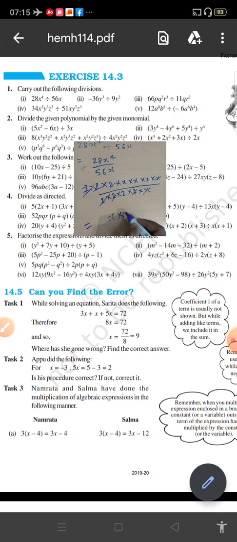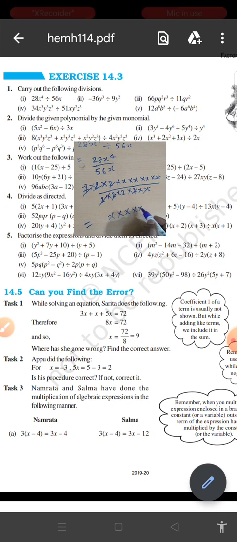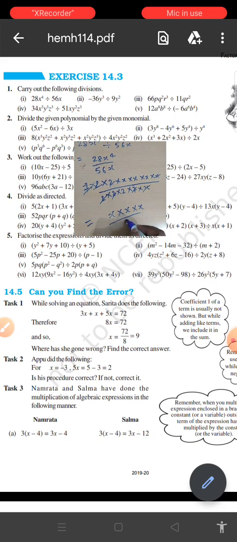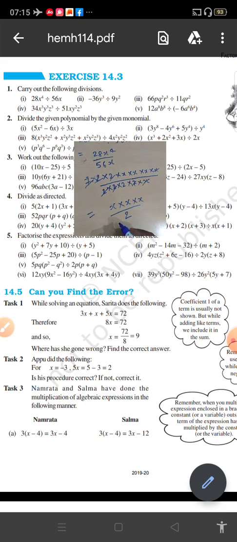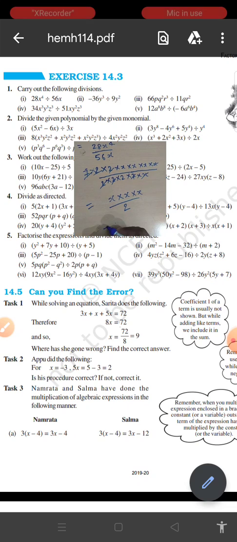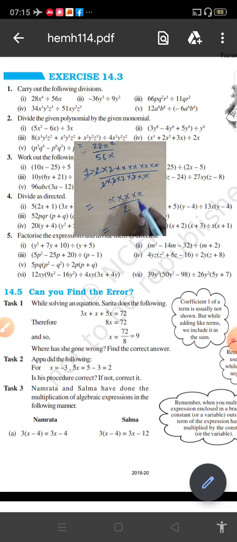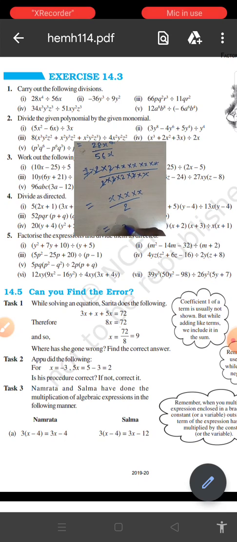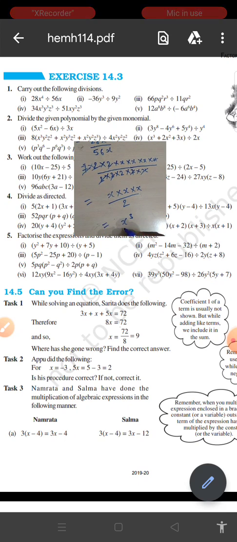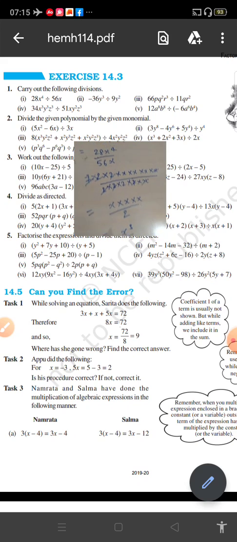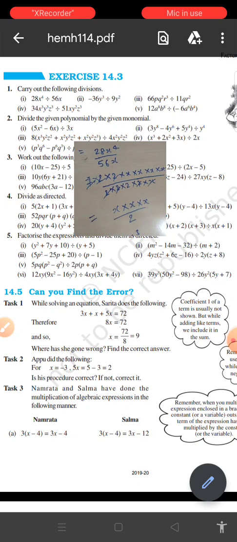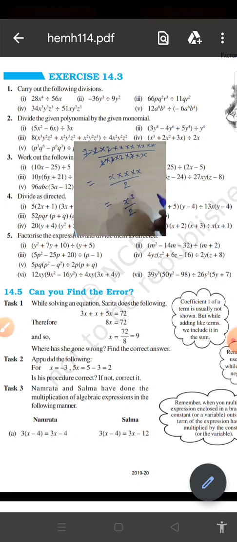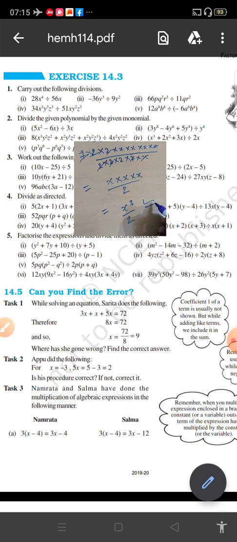You can write x into x into x as x power 3, by 2. This is your required result.